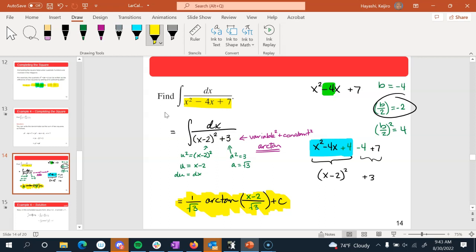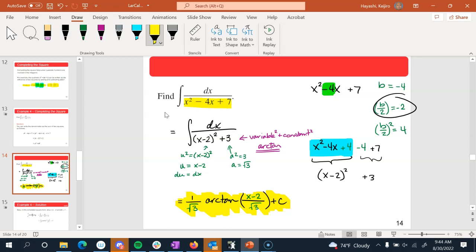Right, so through completing the square, you can take something that looks essentially like nothing you've seen before, right? There's no real form or known antiderivative that really allows you to integrate dx over x squared minus 4x plus 7 immediately.